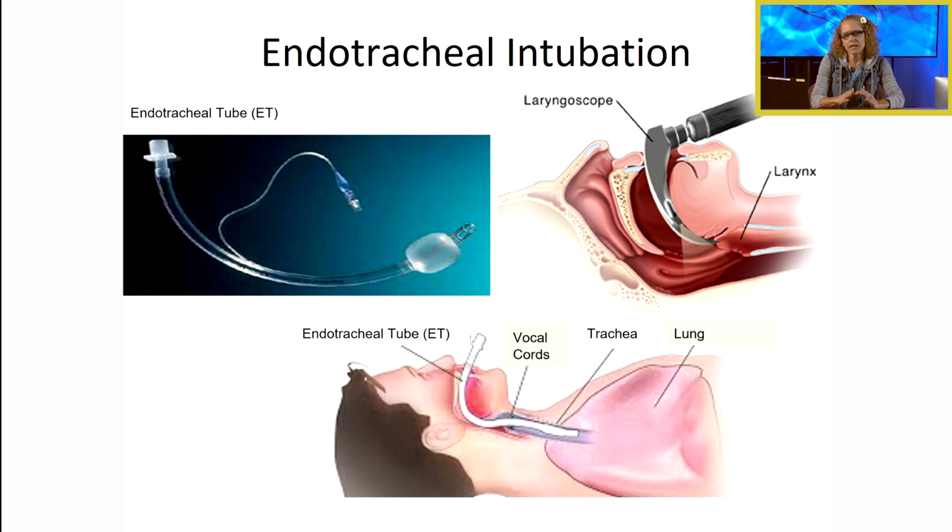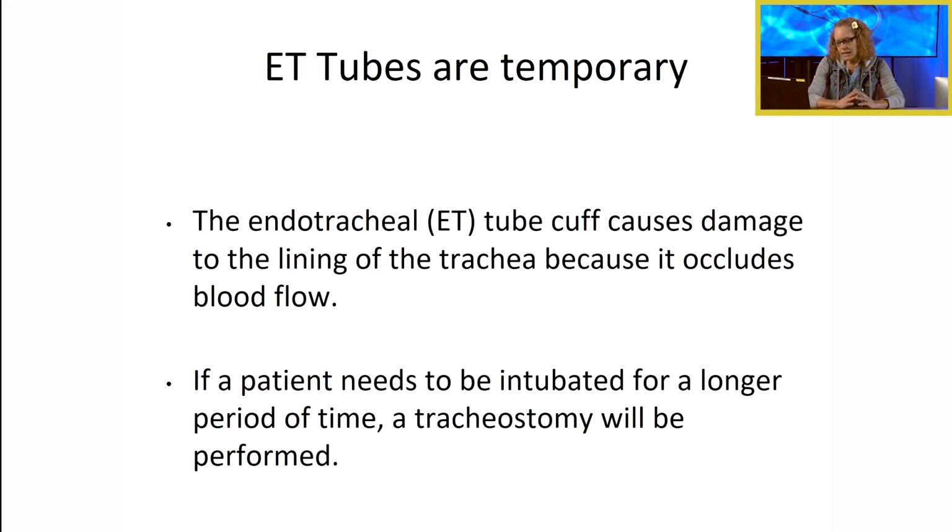It can only be used for a temporary airway because the ET tube cuff causes damage to the lining of the trachea. It occludes blood flow when it presses up against the lining and it causes damage. So if a patient needs to be intubated for a longer period of time, a tracheostomy will be performed.